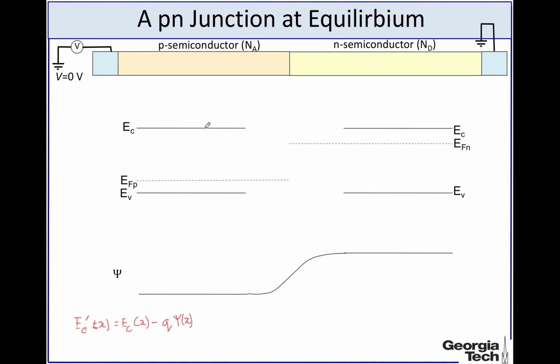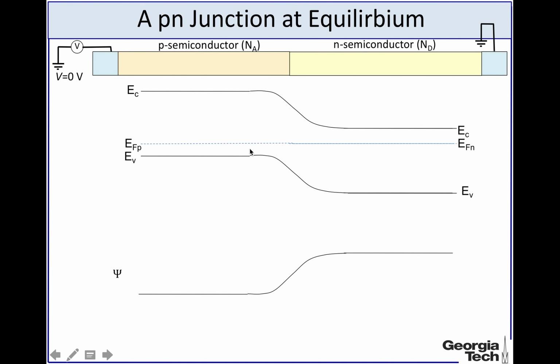So basically what you need to do is subtract q multiplied by psi from EC to get the EC after the contact is made. And similarly for EV, the new EV after the contact is made is the old EV minus q psi of x, and after the contact is made, this is what it will look like. So you have subtracted q psi from the old ECs and EVs to get the new band diagram.